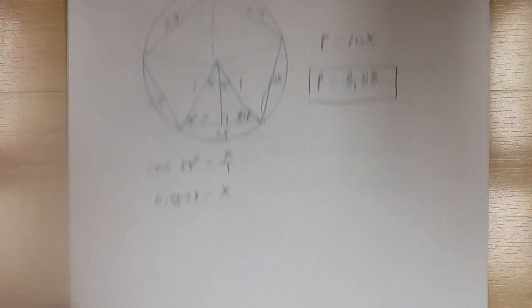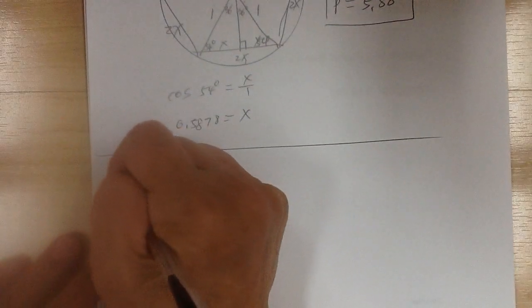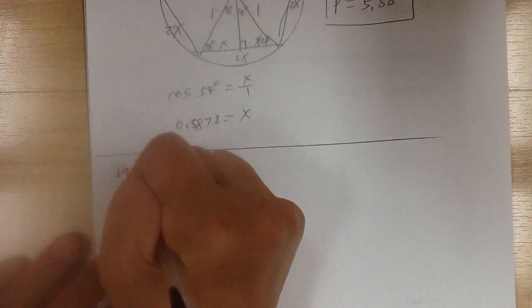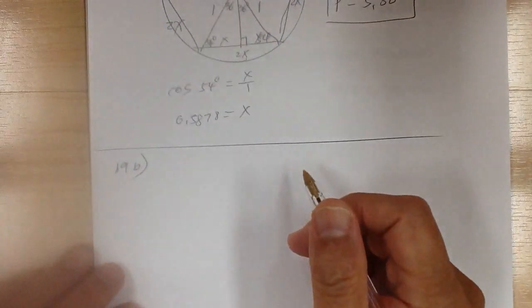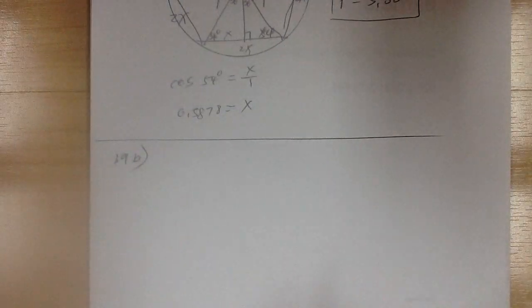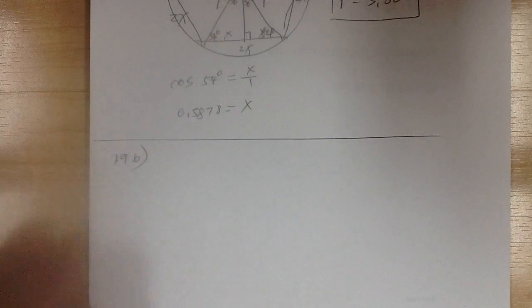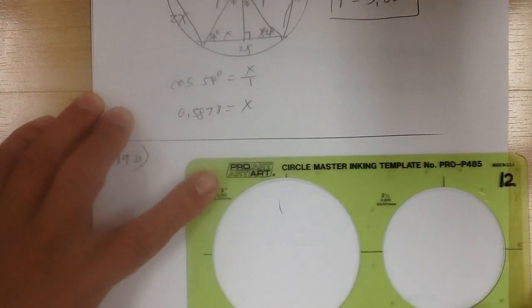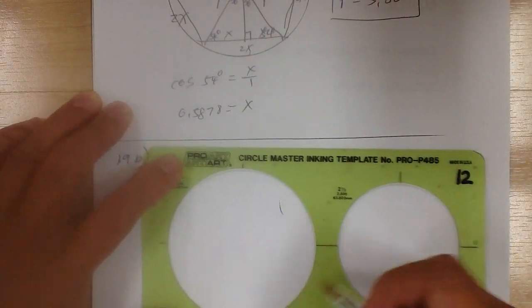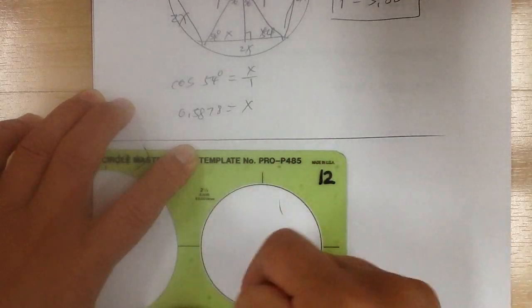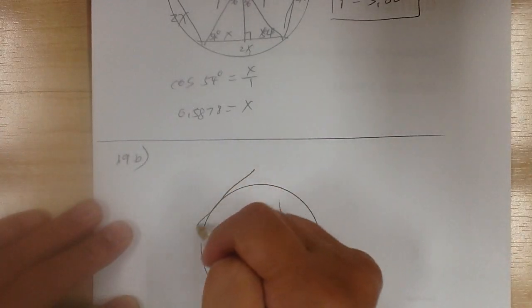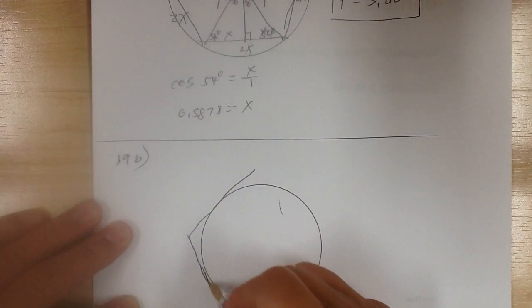Okay, for the b, it is the other way around. Okay, so you have this kind of situation.